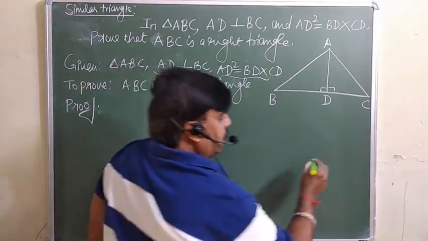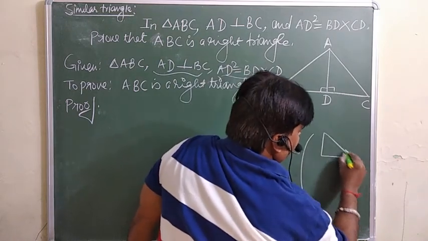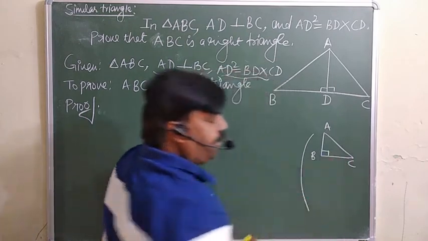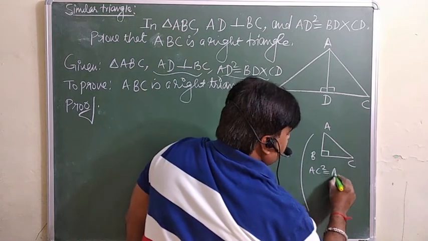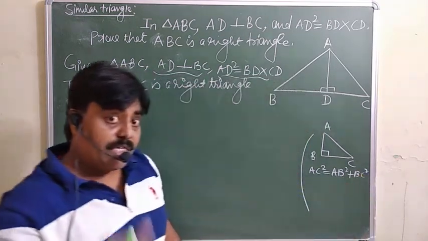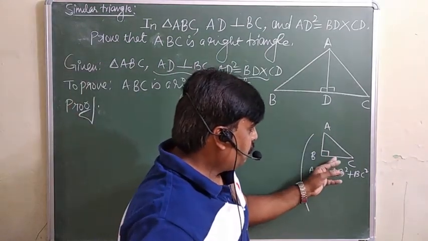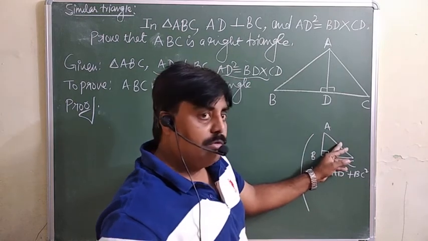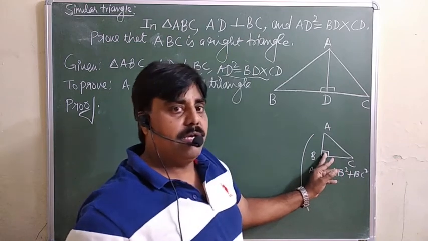So see, the Pythagoras theorem we have already discussed. ABC is a right angle triangle. Suppose angle B is 90. This is by the Pythagoras: hypotenuse square is equal to sum of the square of the other two sides. Similarly, there is a converse of the Pythagoras. What the converse says, if the sum of the square of the two sides is equal to the square of the third side, then the third side's opposite angle will be 90 degree.